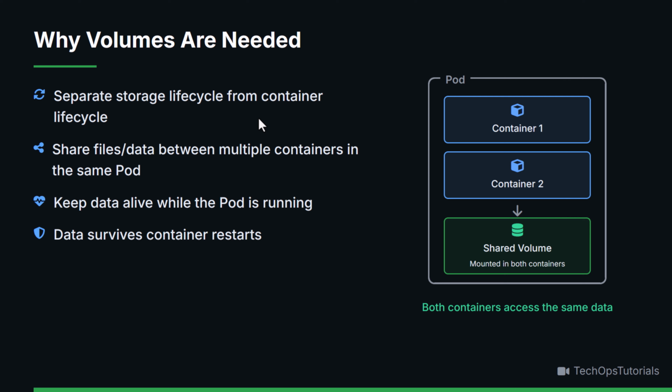Volumes also ensure data stays alive as long as the pod is running, and most importantly, they allow data to survive container restarts. In short, volumes solve the storage problem we saw in the previous slide and make containers much more practical for real-world applications. Next.